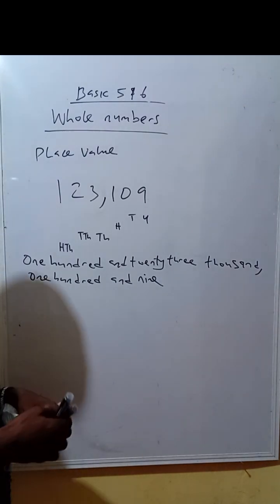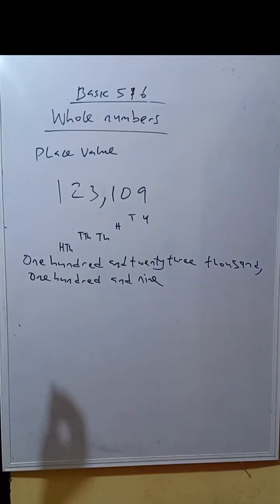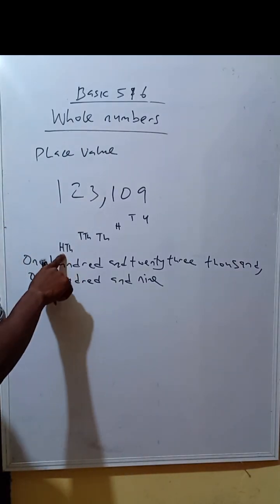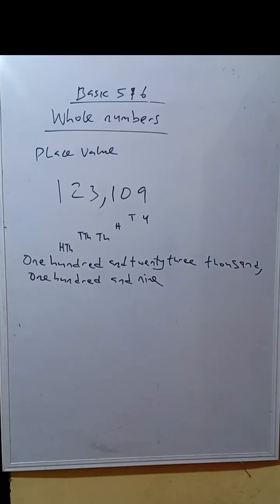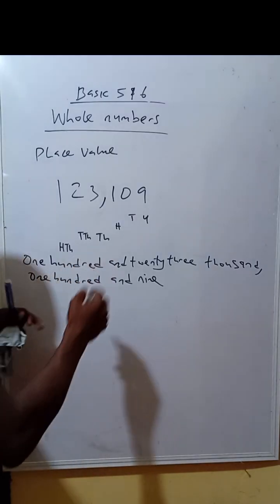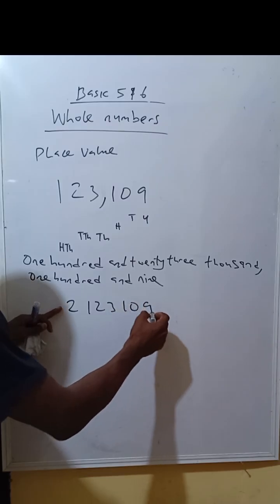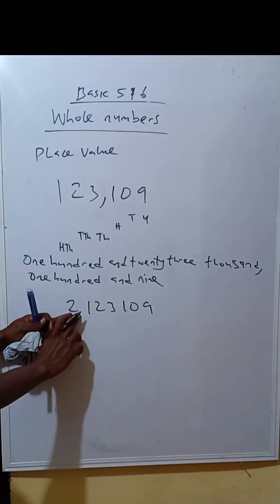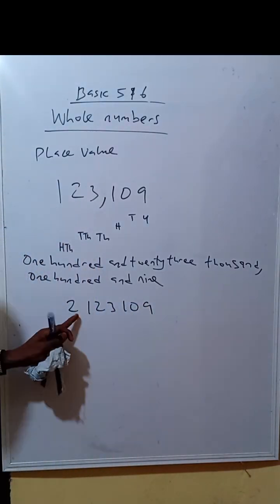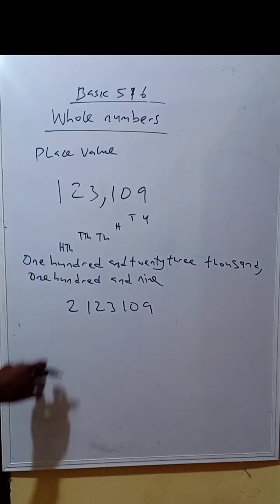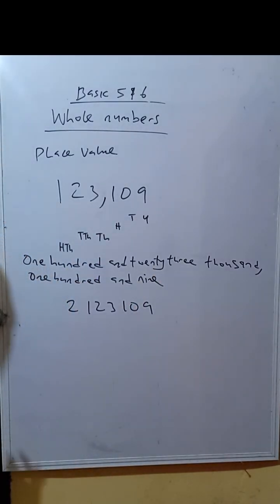Now, what is million? Millions is the next place value after hundred of thousand. Let me add one more digit to this number, 2, to make it something else.